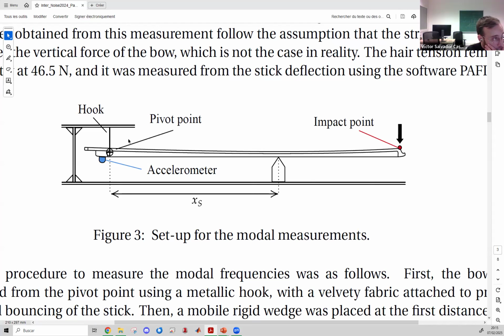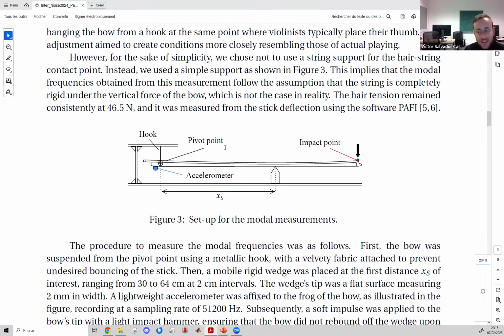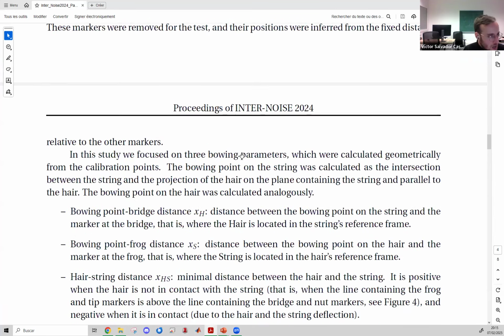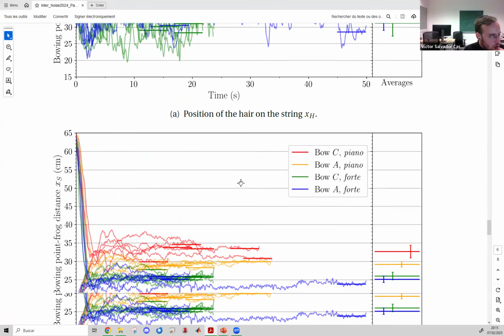So basically, we held our bow at this position, what we call the pivot point, from a hook, and we excited it as we would do with a violin plate or an instrument. And we measured this vibration here at the frog, because we found that it was a nice place for having at least the first two modes of vibration of the stick of the bow.